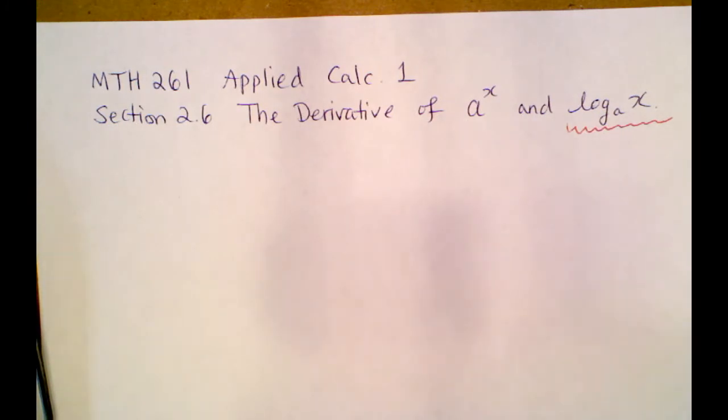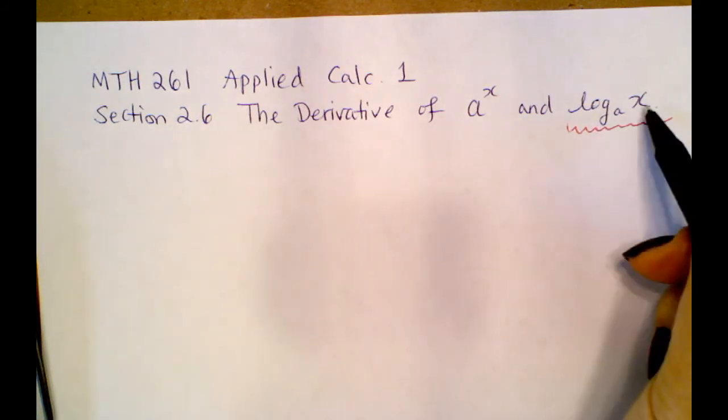The first one isn't really an example. We want to come up with what in our textbook is called Theorem 13. We want to find what the derivative of log base a of x is.